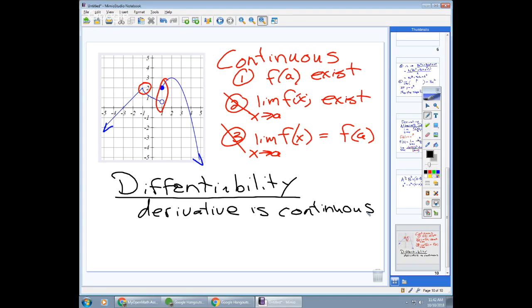The derivative function is a slope function. So as long as the slopes form a continuous function when I graph them, then I'm okay. Now, if we have a break in the function, then the derivative function is going to have a problem. If you have a point where it's not continuous, the derivative is going to be messed up in some way. Okay.